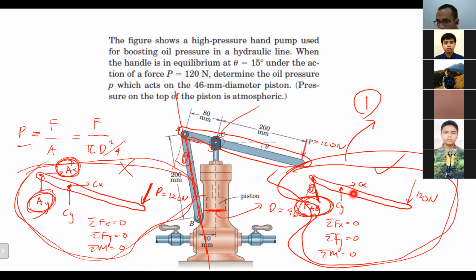So when it's a two force member, the good thing about a two force member is the direction will be there, because the direction will be the same as the alignment of the link of the member like this. So this will be the line of action.